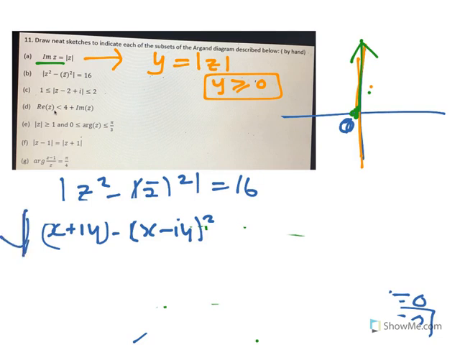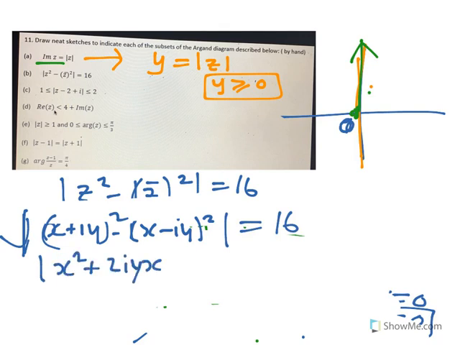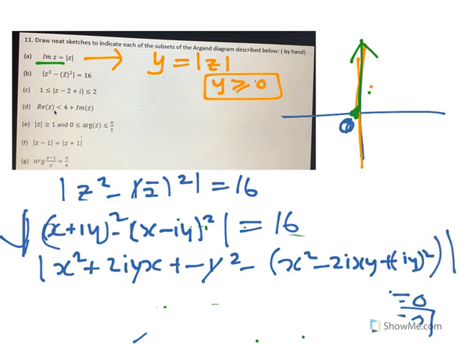Okay, in modulus form equals 16. So that's x squared plus 2iyx plus i squared y squared, because you square the i, minus x squared minus 2ixy, and then plus iy squared in modulus equals 16.